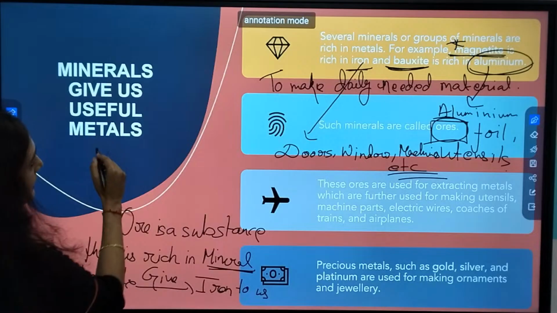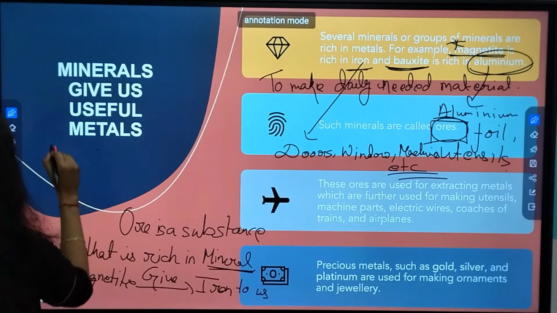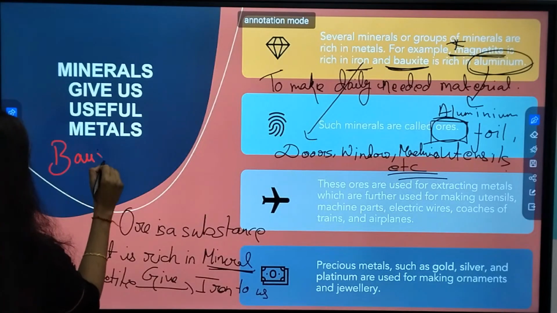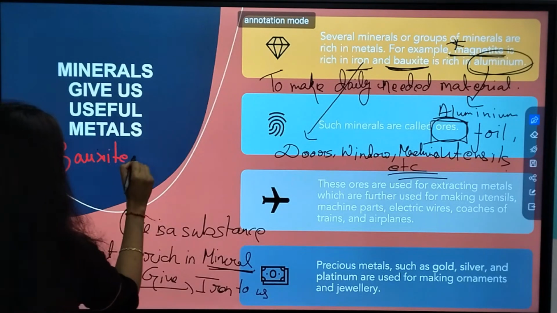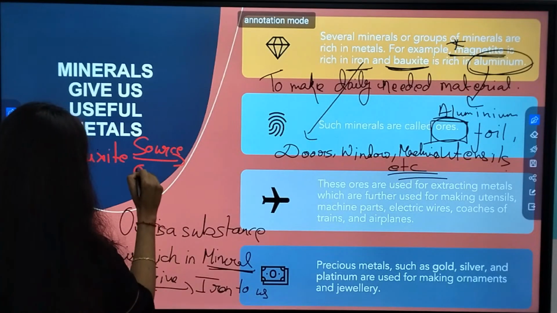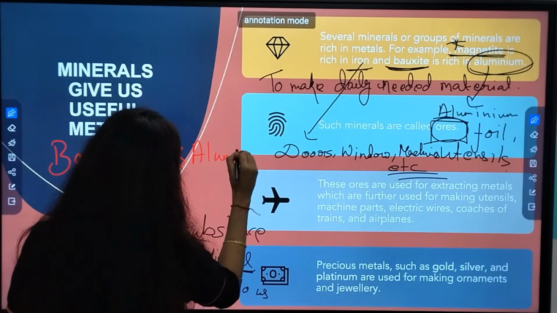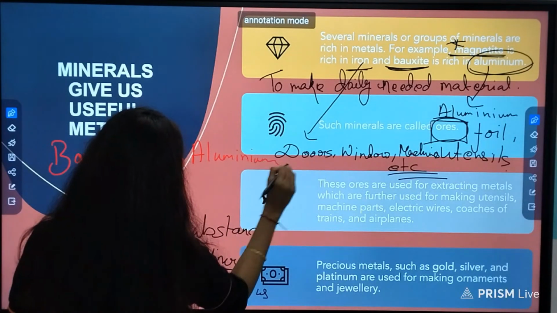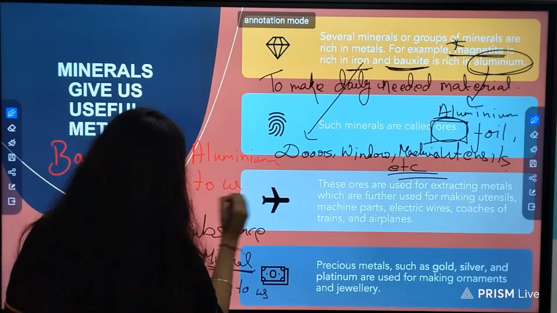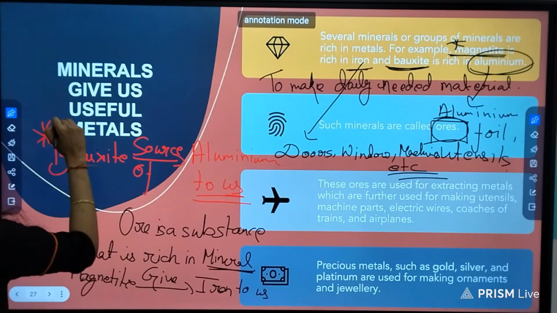Okay, again, bauxite is a source of aluminium to us. Okay, so this is a very important question.